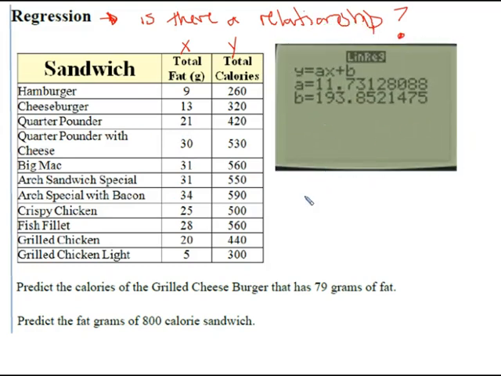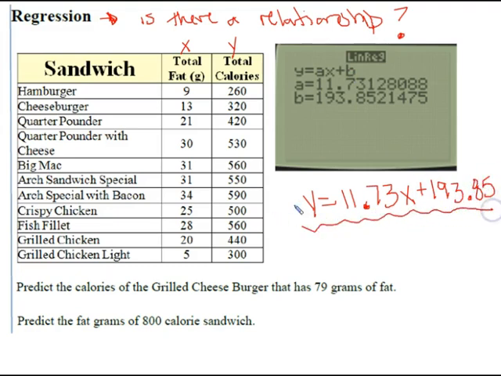We'll do y equals a, but our a value we'll say is 11.73. We have our variable x, and we want to add the b value, which was 193.85. Okay, so here's the linear equation. It's a slope-intercept form equation that predicts or shows the path of this data.